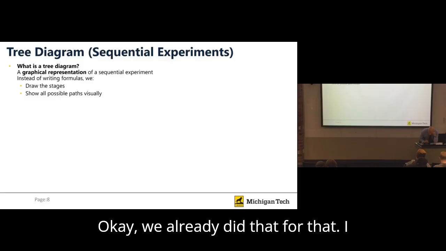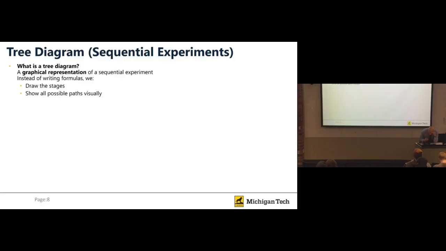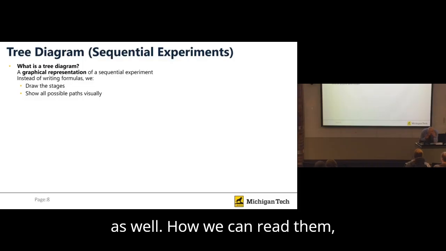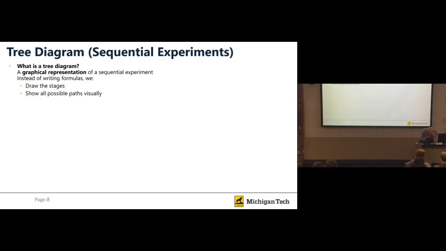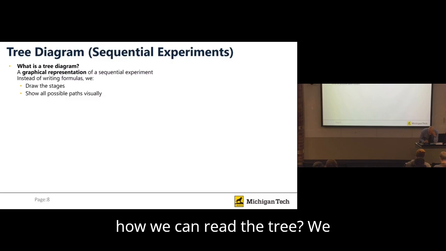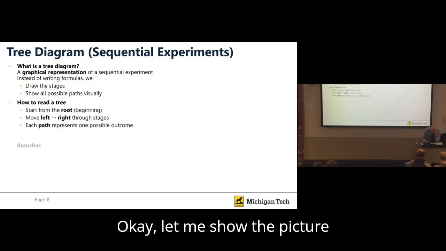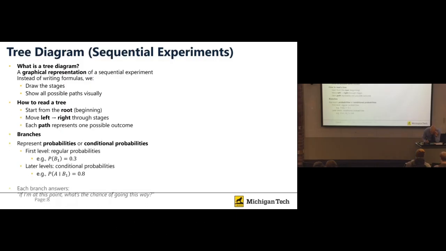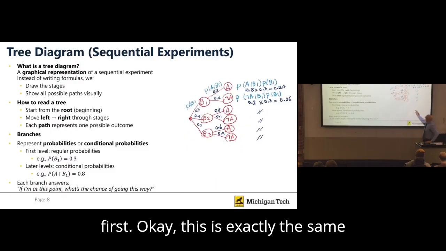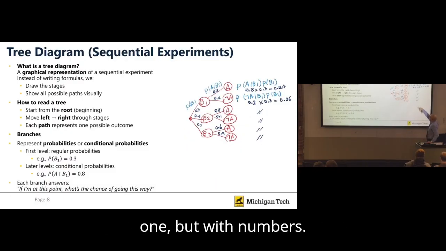We already did that for this example. How can we read the tree? We can start from the root. Let me show the picture first. This is exactly the same one, but with numbers.